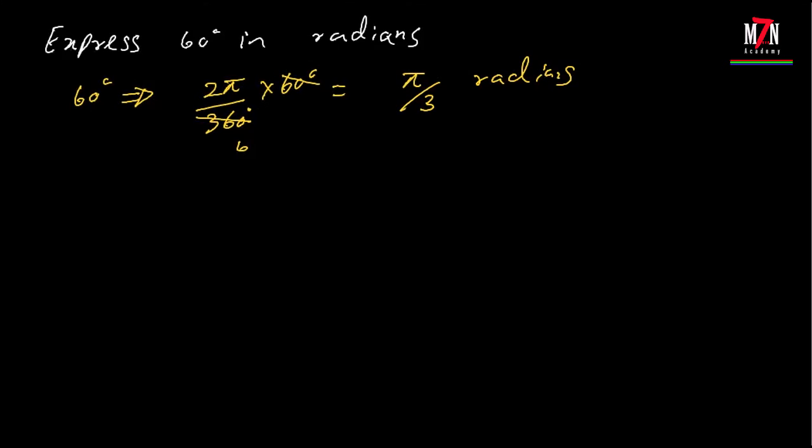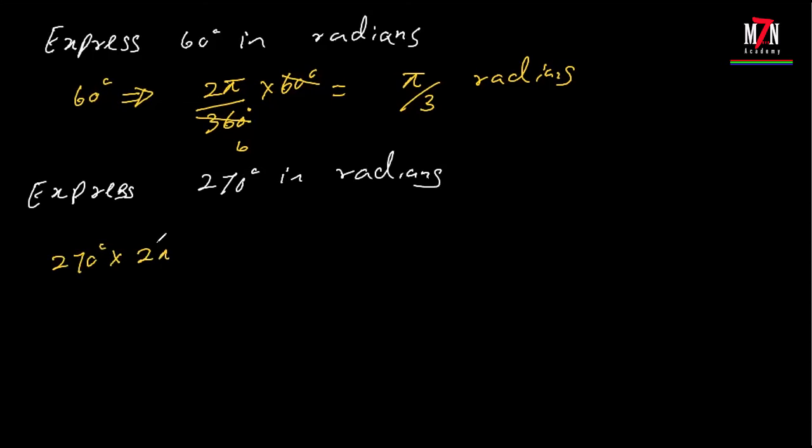Another question: express 270 degrees in radians. You should multiply 270 by 2 pi over 360.